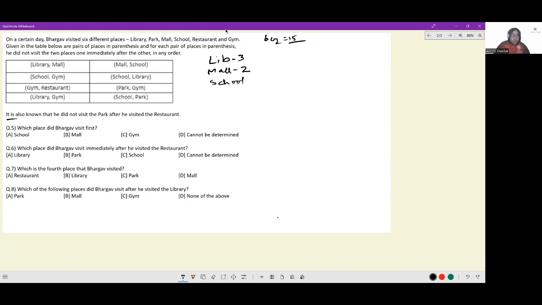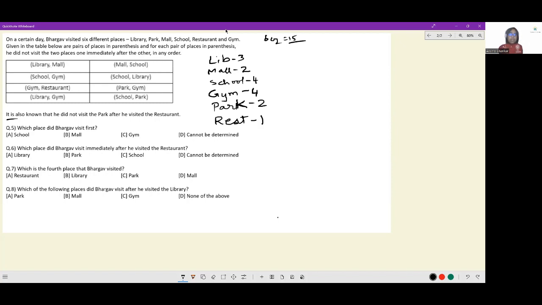School is mentioned 4 times. Gym is also mentioned 4 times. Park is mentioned 2 times. And finally, restaurant is only mentioned 1 time.